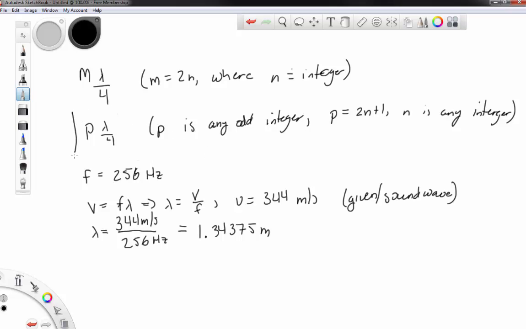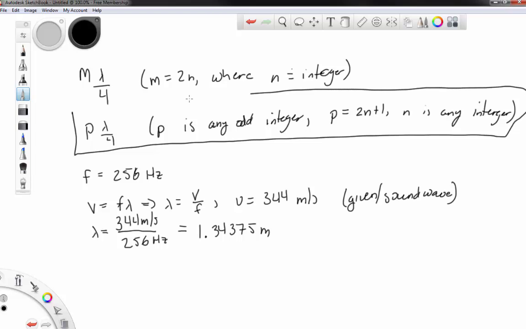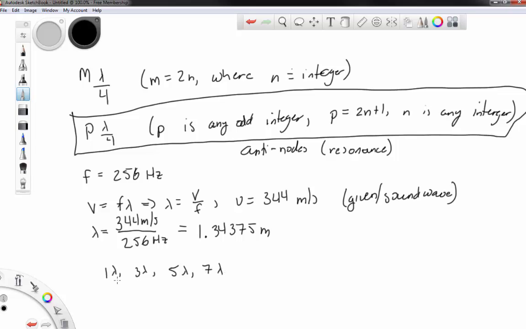Now this right here is the condition that we need for any antinode, and that basically is when the thing is at resonance. So resonance is going to occur, for example, at 1 lambda, 3 lambda, 5 lambda, 7 lambda, all over 4, of course.